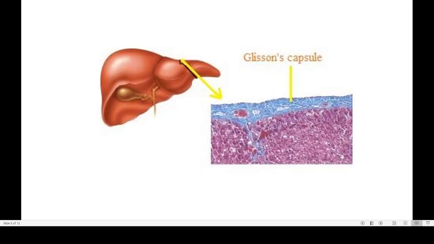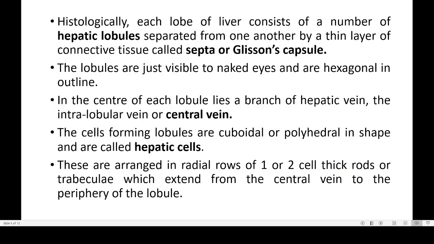Here you can see that. This is Glisson's capsule, and this is the hepatic lobule. So this is how the liver is arranged, and there is a thin layer of connective tissue which we call Glisson's capsule or simply septa.